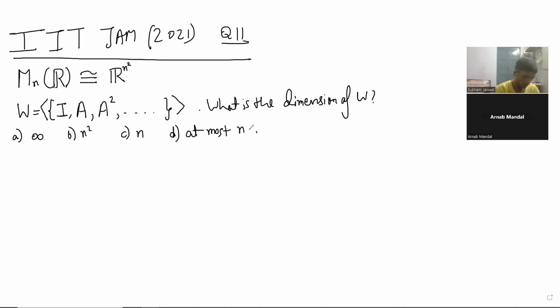We have not studied the theory to answer this question, but you could still do this by option elimination. That's not cheating. Take examples and see, but as I repeat, we have not done the theory to answer this question.